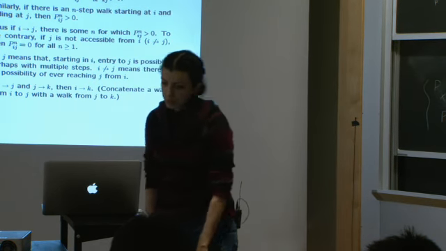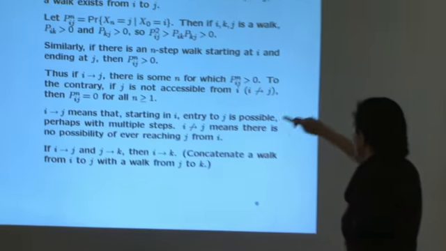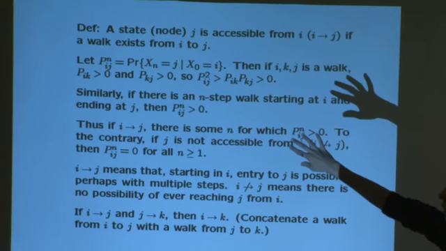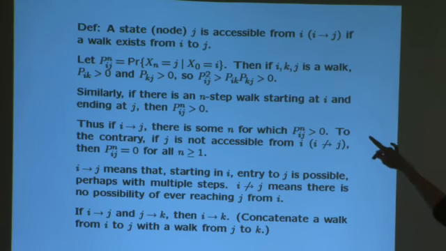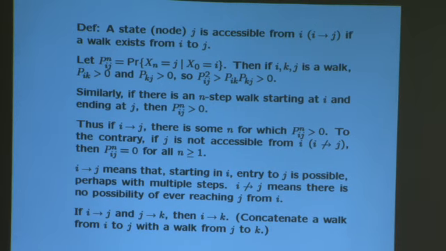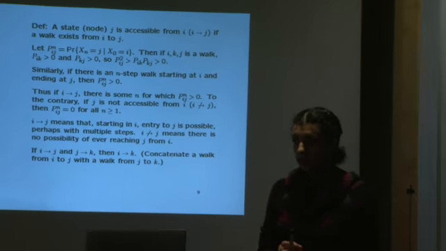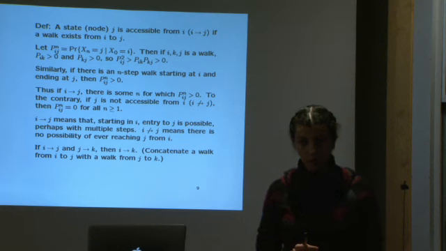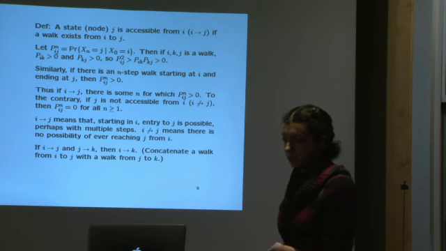So, for example, if there's a state K such that P_ik is positive and P_kj is positive, then we will have P_ij^(2) positive. So we have this kind of notation. P_ij^(n) means the probability of going from state i to state j in exactly n steps.